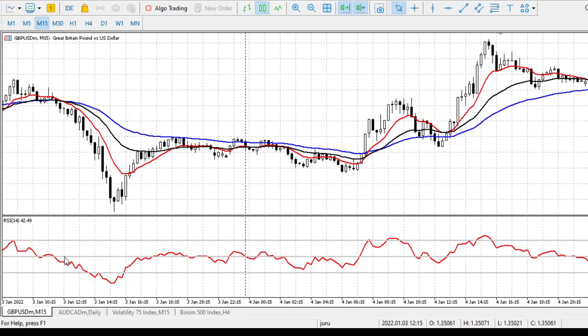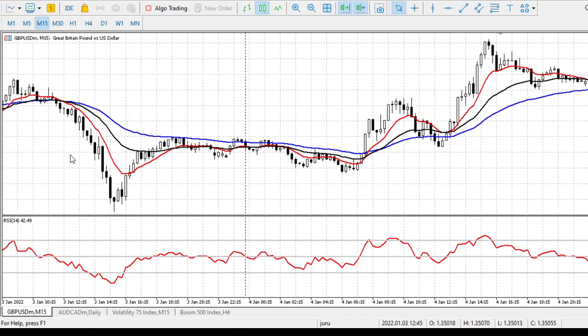So whenever there are many bearish candles, which represent sellers, it will fall below the 50 level, which means more than 50% of the candlesticks are bearish. This is the scenario that you want to look for our sell entries.